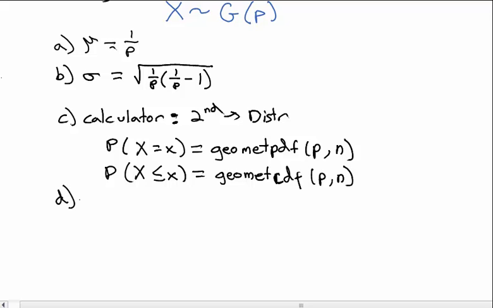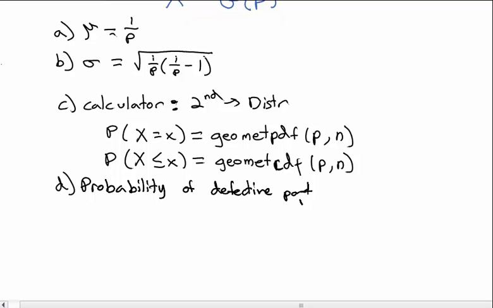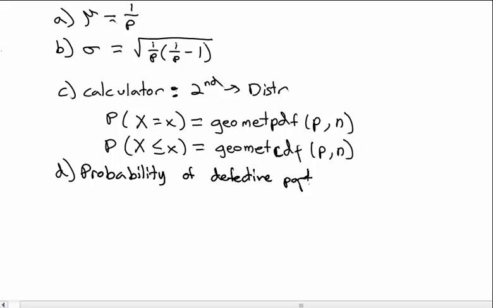So let's try an experiment. An example. Let's say the probability of a defective part is 0.02. 2% of the parts are defective.